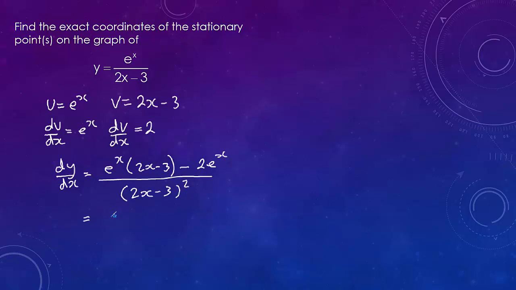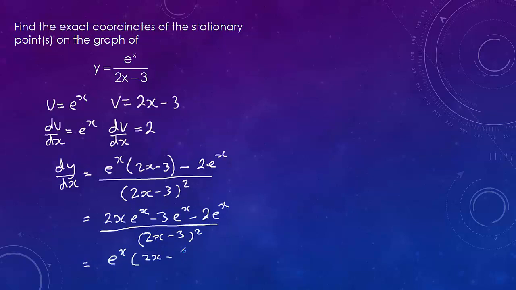So that's going to be 2x e to the x minus 3e to the x minus 2e to the x all over (2x minus 3) all squared, which is e to the x (2x minus 5) over (2x minus 3) squared.